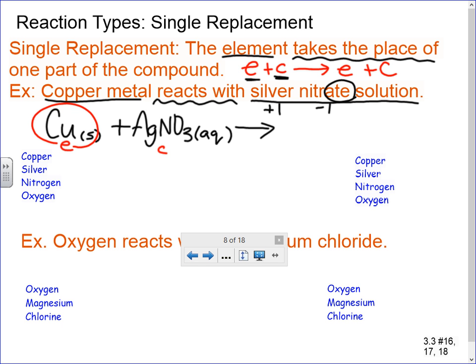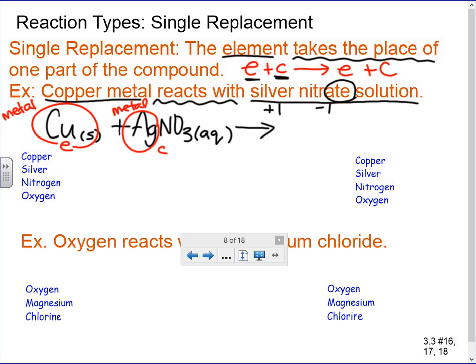How will you decide? Well, copper is a metal. Silver is a metal. It makes sense that a metal would replace another metal. If you tried to replace the other side of the compound, you'll notice the charges won't balance out. You'd end up with two things that are positive and it won't work. So that could be a clue that you need to go back and change what you're doing.